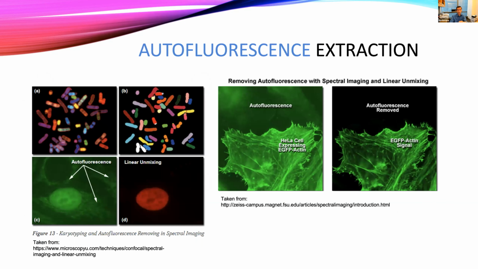Like, I like to show again in images where you can see here, for instance, this image here, where it would be very difficult with classical fluorescent imaging to be able to distinguish between autofluorescence and the real fluorescence of the cell.